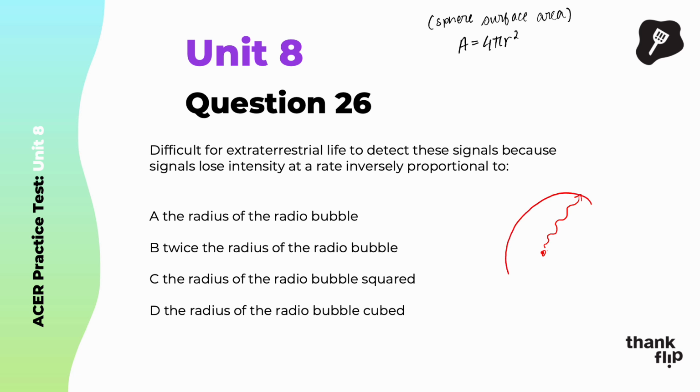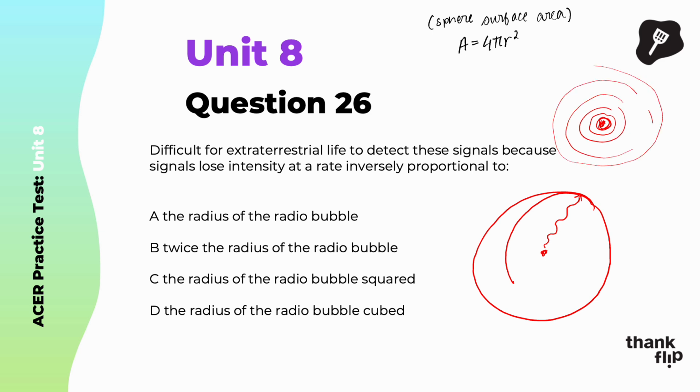Your signal is going to become weaker as it leaves Earth, right? And so if you're looking at the radius getting bigger, it's kind of like when you have a bit of a gradient happening and it gets fainter and fainter as you go out, right?